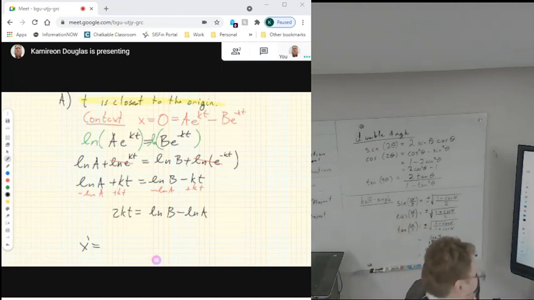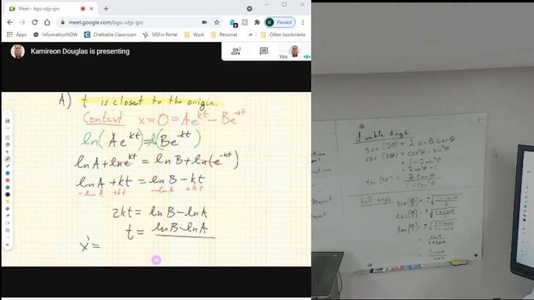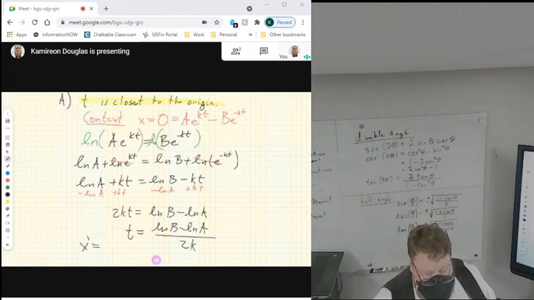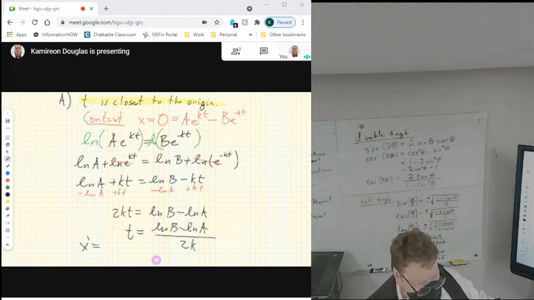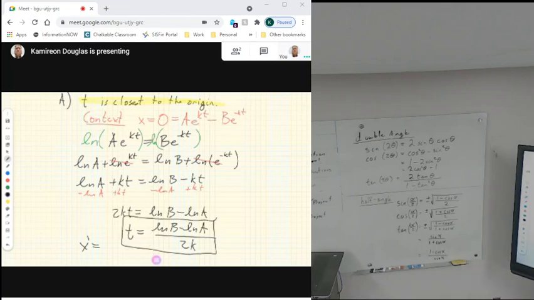Divided by 2k. So this is one variation on the solution. There are other variations if you were to re-simplify these natural logs on the right-hand side. Example, remember, subtraction of natural logs becomes division. And we could also use that division to turn it into a number out front, which could then become a power. Like there's all kinds of ways to write this answer. This is one way. So that is good.